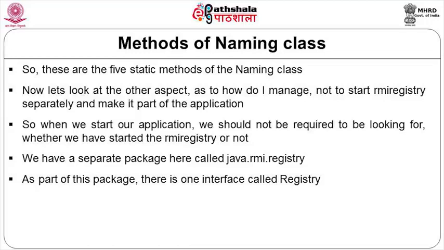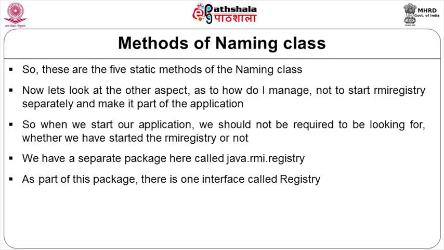do I manage not to start the RMI registry explicitly separately and make it part of my application. So when I start my application, I should be looking for, have I started the RMI registry or not? There's a separate package here which makes this possible for us. We have a package called java.rmi.registry.